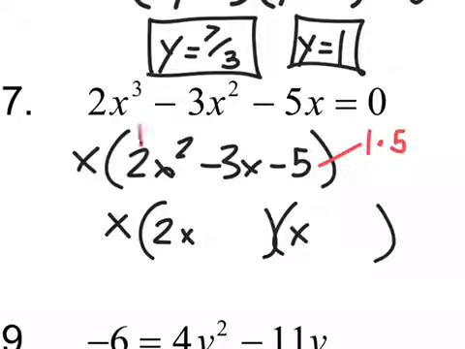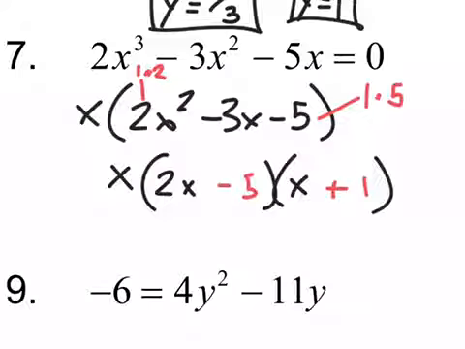And so here I'm working with 1 and 2. So how can we make this work here? If I put the 5 here, you might recognize, hey, that's going to be too big. That's going to give me a 10x. So let's put our 5 here. Let's put our 1 here. And I want it to be negative, so I'm going to put my negative with that there. All right, so there's my two pieces.